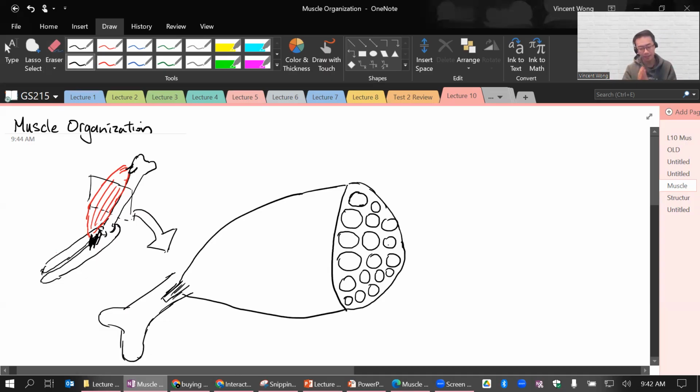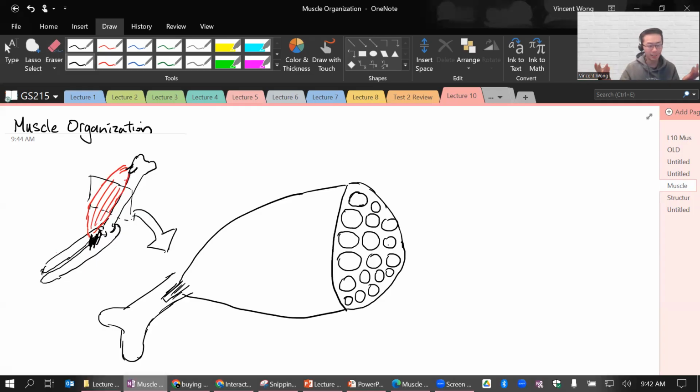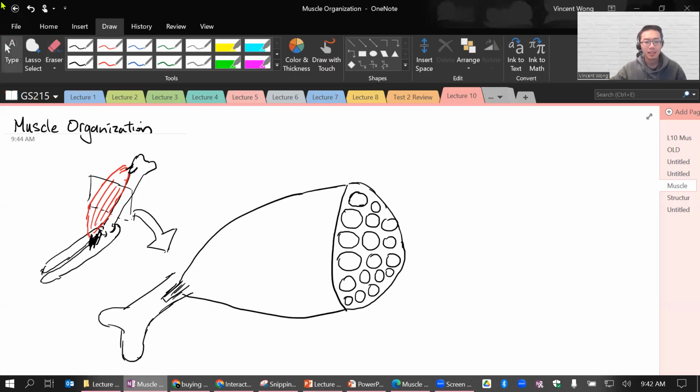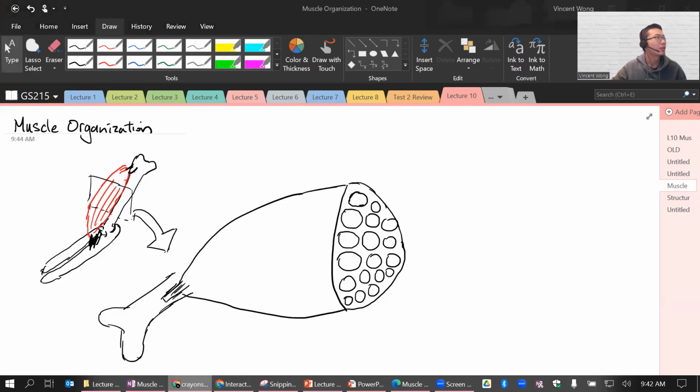Again, I don't assume everybody eats meat. If you're vegan, then maybe this is not the best example. But if you do eat meat and you cut the beef open, you can see the individual circle stuff that I'm drawing here. Do you guys know what I mean? Let me see if I can find a nice meat picture to show you.